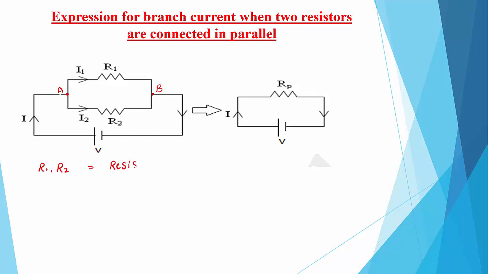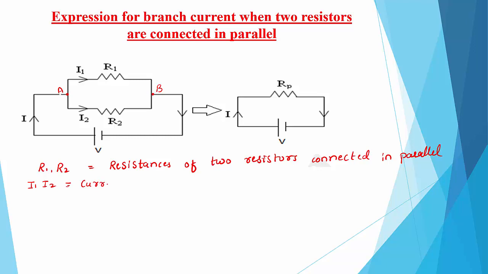Now let us consider what R1 and R2 are here. R1 and R2 are the resistances of two resistors connected in parallel. Similarly, what are I1 and I2? I1 and I2 are the currents through resistors R1 and R2 respectively.